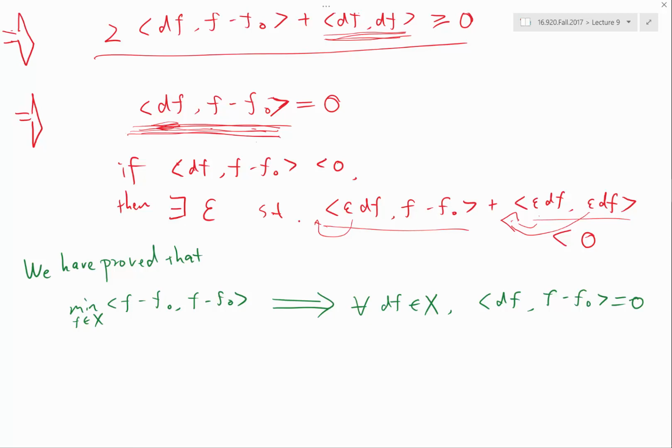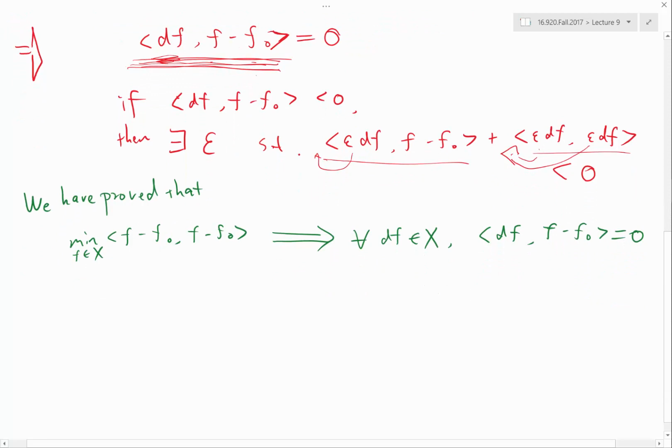This is another reason why we call the problem of finding the nearest element f in the space of x to f0 a projection. It's because projection implies orthogonality, right? You project in an orthogonal way.